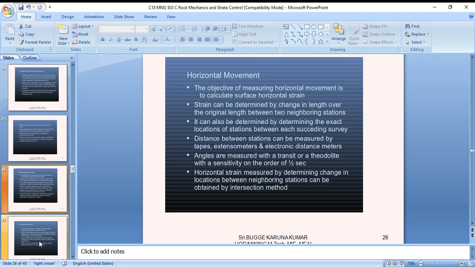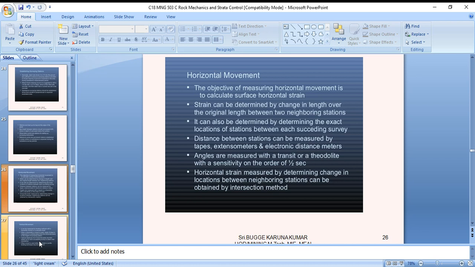Then the horizontal movement. That is the vertical movement, and now we treat the horizontal movement. The objective of measuring horizontal movement is to calculate surface horizontal strain. Strain can be determined by the change in length over the original length between two neighboring stations. It can be determined by determining the exact location of the station between each succeeding survey.